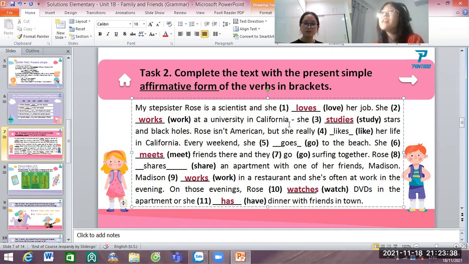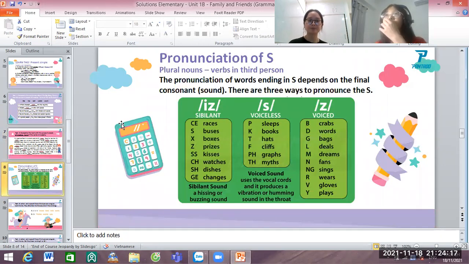She meets friends there and they go surfing together. Rose shares an apartment with one of her friends. Madison works in a restaurant and she's often at work in the evening. On those evenings, Rose watches DVDs in the apartment or she has dinner with friends in town. Very good. Okay, let's turn to another part.